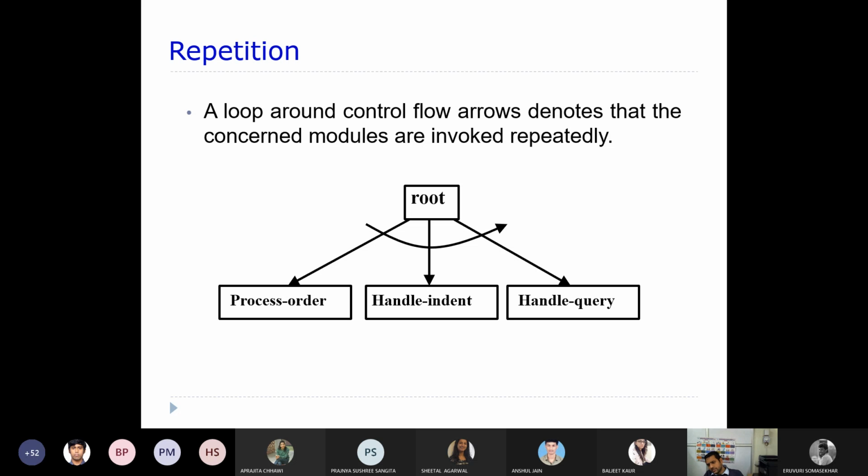I already discussed this when I talked about the structure chart in the software design phase, so I'm just repeating it. This says that the root module is repeatedly calling these functions. Clear?